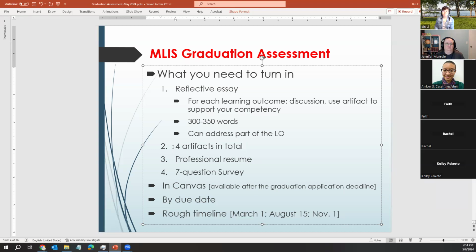The reflective essay, you are encouraged to use first person narrative, but it's also a paper essay with introduction and conclusion. Use first person because it's about your educational experiences.